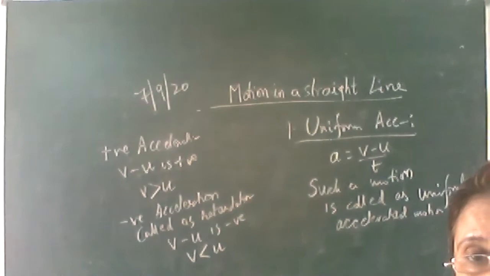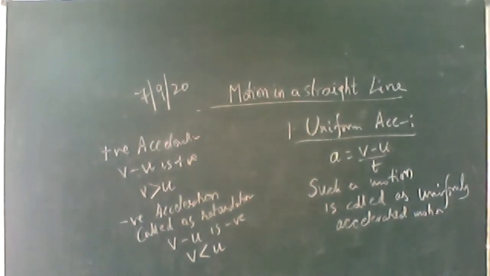Okay, now pay attention. This uniformly accelerated motion is totally different from uniform motion. Uniform motion is moving with a constant speed or constant velocity. What will be the acceleration over there if the body is moving with constant velocity?